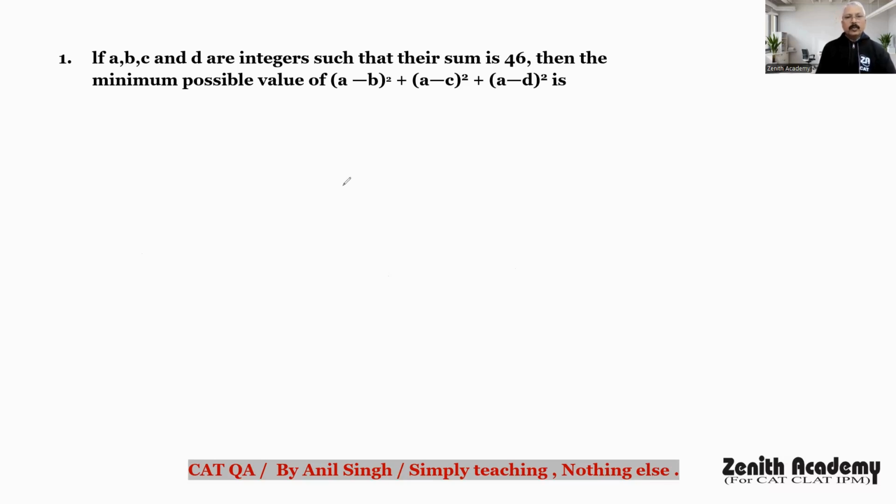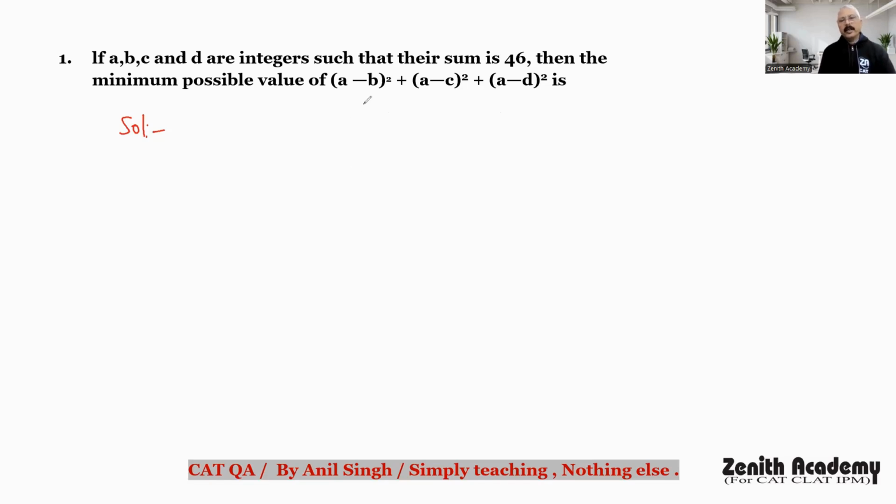Okay. So here A, B, C, D are integers, and we have (A minus B) whole square, (A minus C) whole square, (A minus D) whole square. Here we have to find the minimum possible value of this expression.